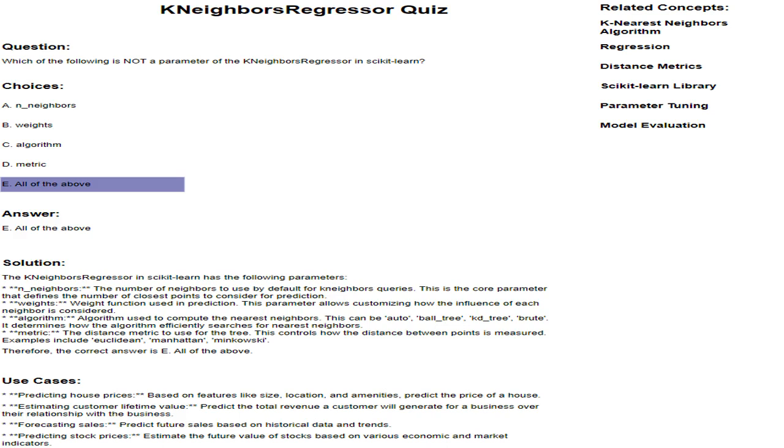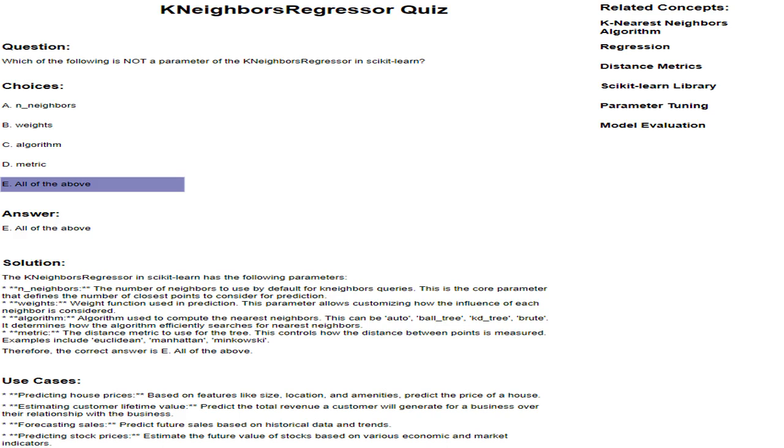Experimenting with different parameter values to achieve the desired balance between bias and variance in a model. For a KNeighborsRegressor, parameter tuning might involve experimenting with different values of n_neighbors to find an optimal number of neighbors to consider for prediction. This could be done using techniques like grid search or cross-validation.